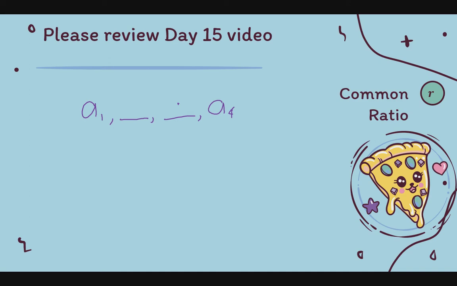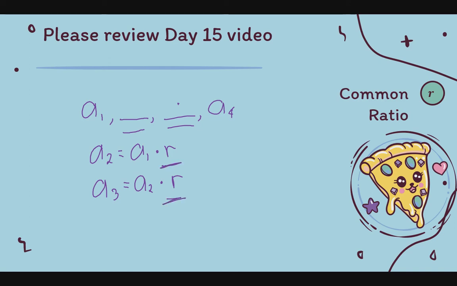Diba ang ginagawa natin, para mahanap si a sub 2, multiply natin si a sub 1 sa r. Ganun din si a sub 3. I-multiply natin sa a sub 2 times r. So, para mahanap natin yan, yung geometric means natin. Ngayon, dun sa ating day 15, una nating hinanap yung value ng r.